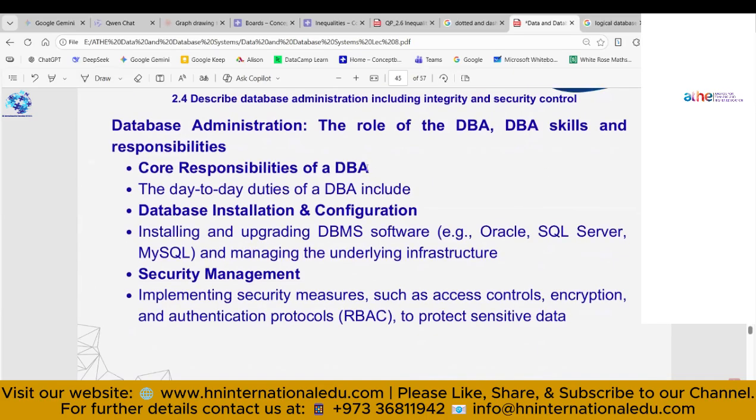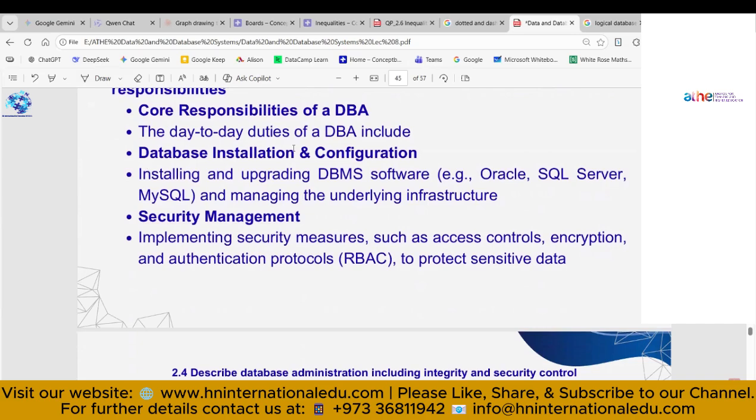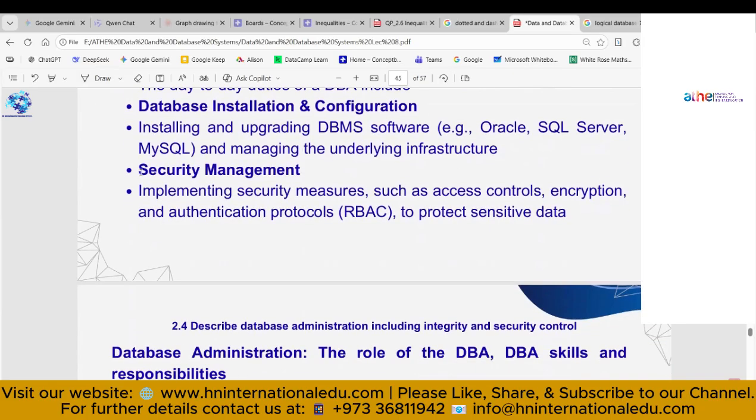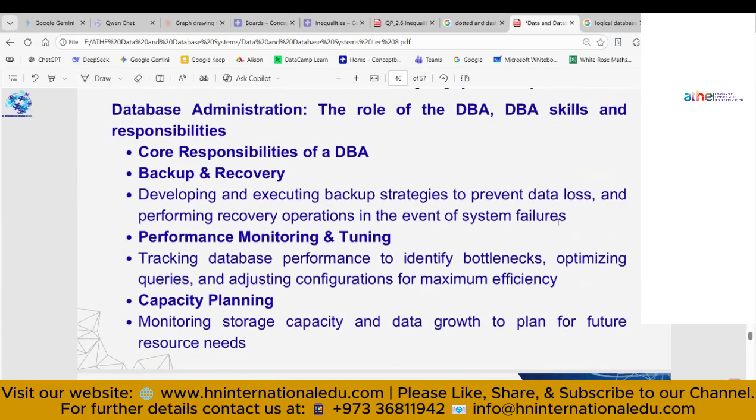What are the core responsibilities of a DBA? The first one is database installation and configuration. They need to install and upgrade DBMS software, for example SQL Server, whatever the organization is using, and manage the underlying infrastructure. Next is security management: implementing security measures such as access controls, encryption, and authentication protocols like RBAC to protect sensitive data, deciding which people should have access and which should not.